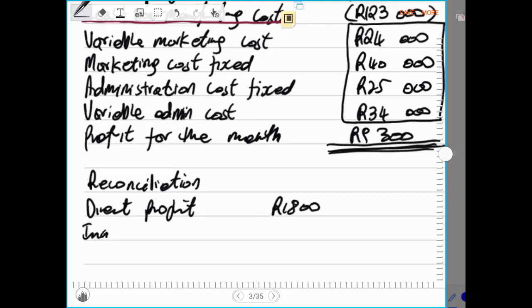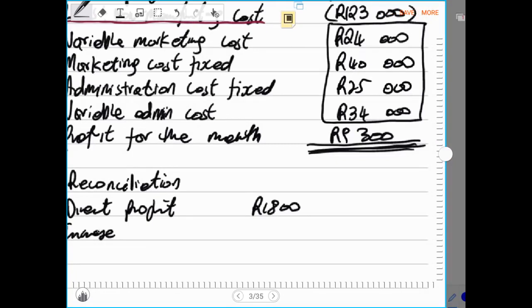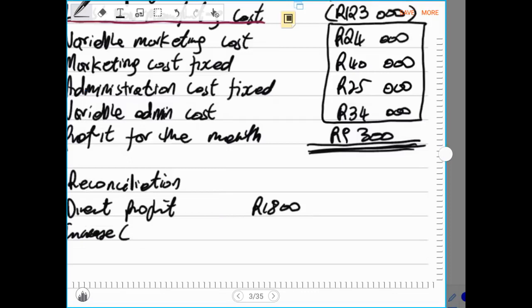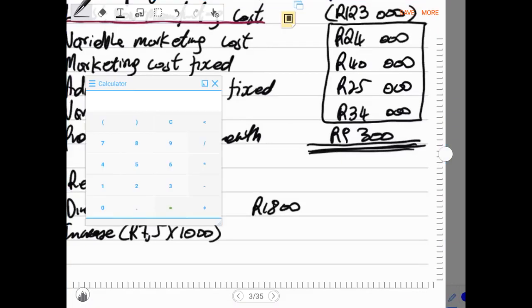Then after we'll have increase, because our inventory has increased by the difference. Our inventory opening was 5,000. Our closing was 6,000. Then inventory went up by 1,000 rands. So now that means it will be our fixed cost per unit of 750 times by 1,000. Therefore now this will be 750 times by 1,000.